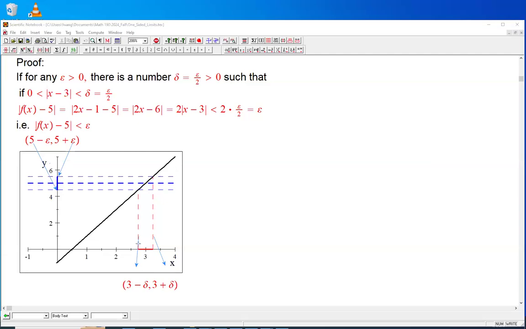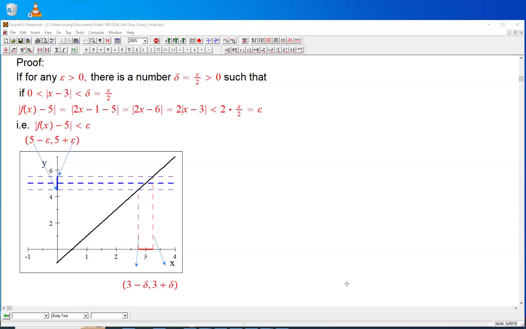So for any epsilon, if you can construct such a picture, you always have an interval in the neighborhood of 3, such that the output f of x will be in the output neighborhood of 5.